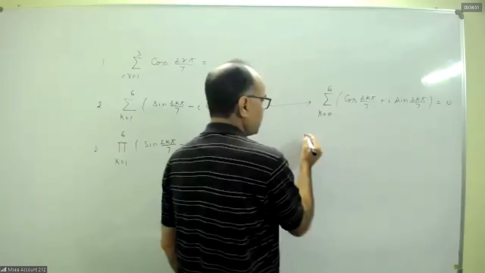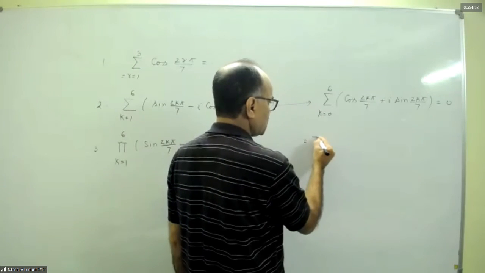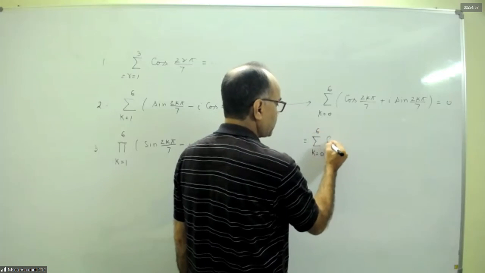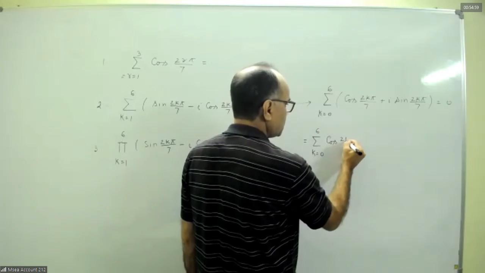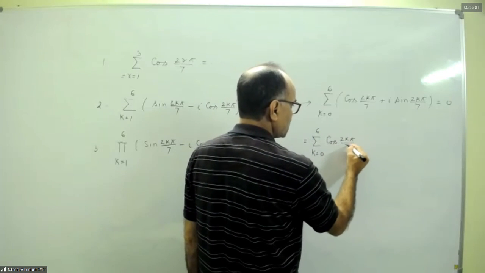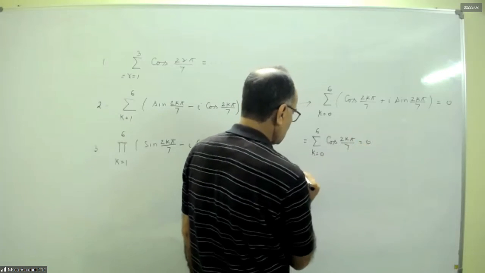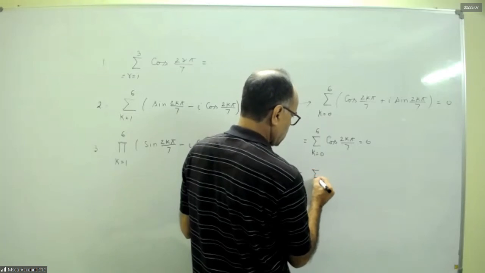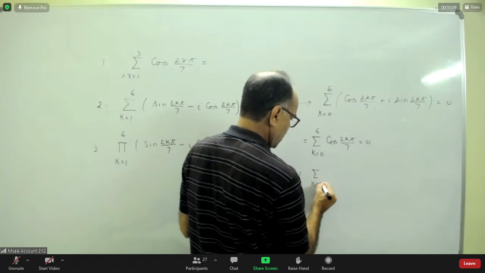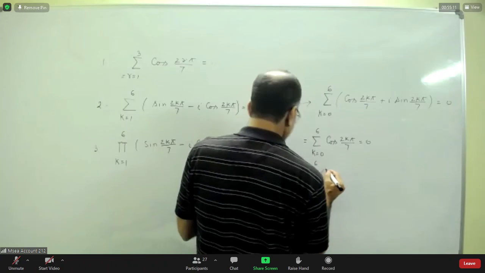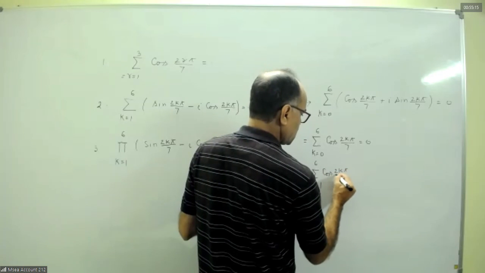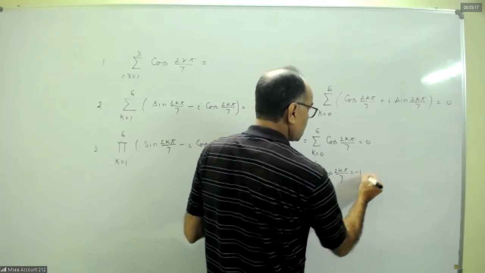Take its real part. The summation of k going from 0 to 6 of cos 2k pi by 7 equals 0. So here k goes from 1 to 6, and this will be the summation from 1 to 6 of cos 2k pi by 7 equal to minus 1.